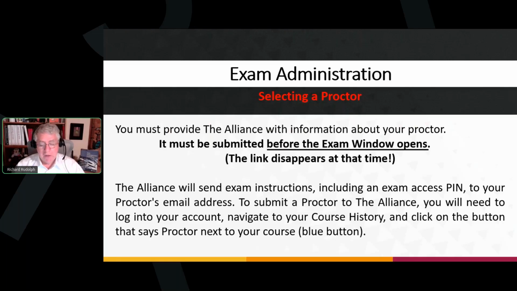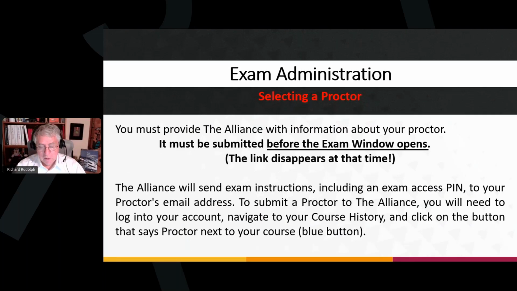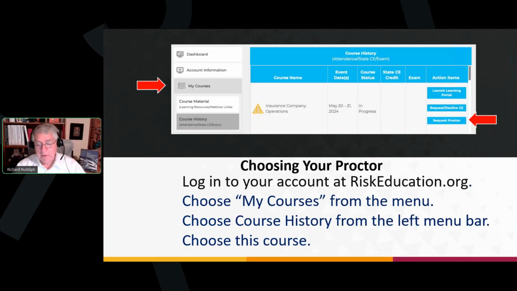But you do get to it by going to your profile, log in, get to your course history, and you'll find a button that says proctor associated with your course that you're taking. Okay, that looks like this. So you'll go to sign in, my courses, course history, and there you can see the box that says request proctor.